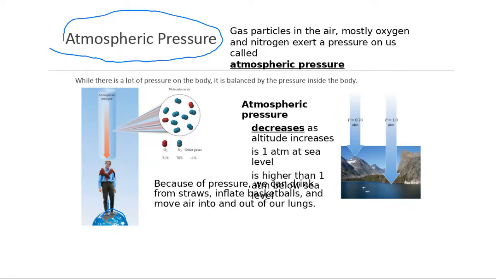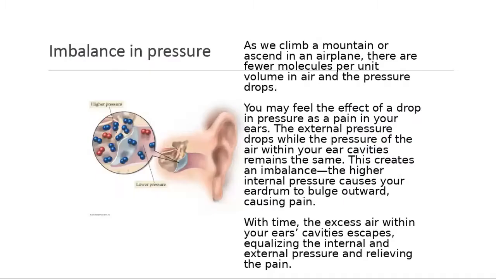Okay? In general, as we go higher, the atmospheric pressure, the column above our heads, will decrease. While if we go below sea level, the atmospheric pressure will increase. Let's take a phenomenon that we have all noticed: as we climb a mountain or ascend in an airplane, we feel an imbalance in our ears.